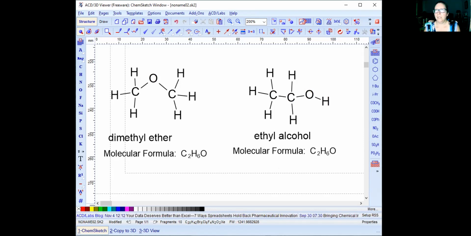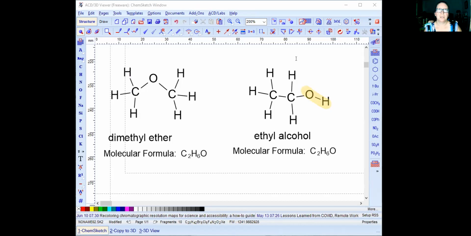So we can take a look at this table 10.2, which is the summary of the intermolecular forces, and we can talk about which molecule is probably going to have stronger or more impactful intermolecular forces. So if we look for which of these molecules has an H directly bonded to an O, it's only ethyl alcohol.